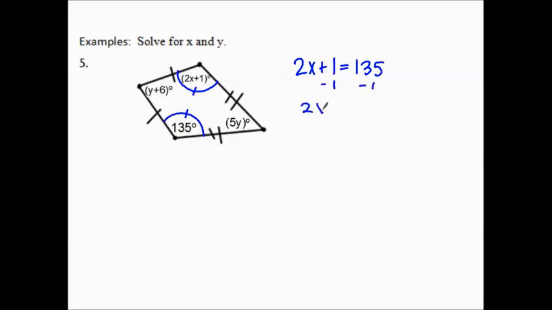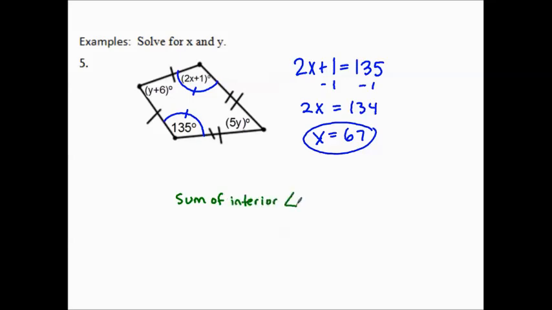So using our algebra skills, we get x equals 67. Yay! Now the y is also in an angle, but these opposite angles are not congruent. So then I have to think of something else I know about quadrilaterals in general. How about the interior angles? The sum of the interior angles in a quadrilateral, any quadrilateral, is 360 degrees.